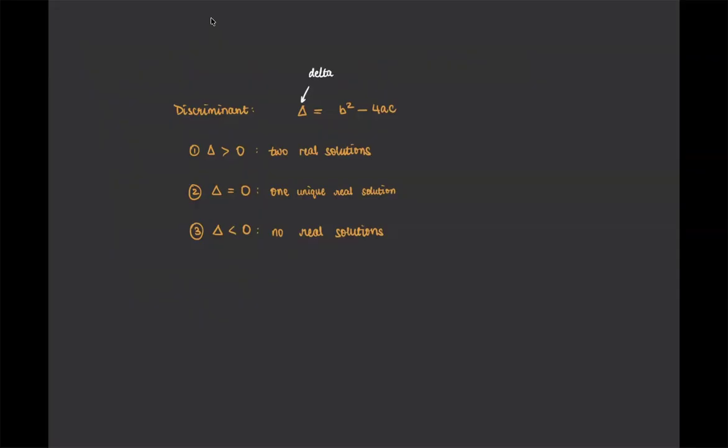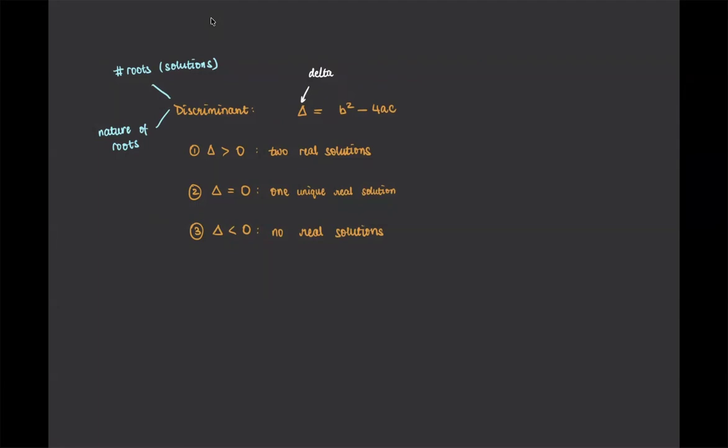And it's a very useful quantity when studying quadratics because it tells us the number of roots, and by roots I just mean solutions, or the values of x or whichever pronumeral the question uses, and the nature of roots. Okay, so with the discriminant, we have 3 possible cases.